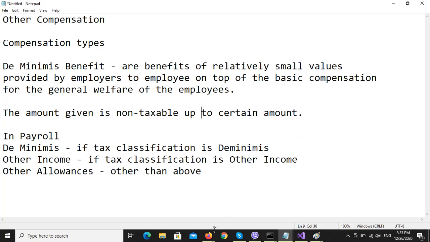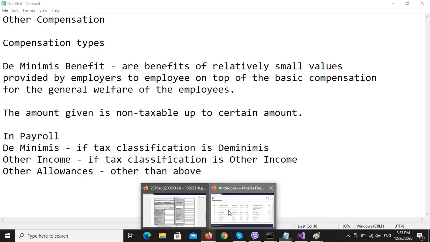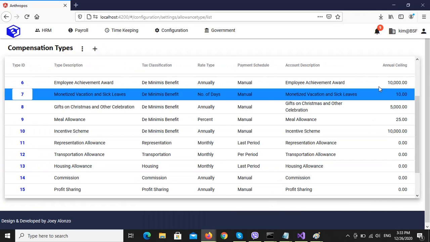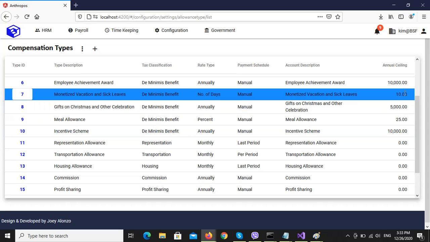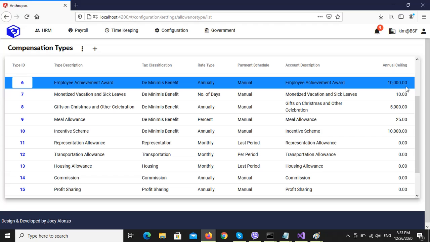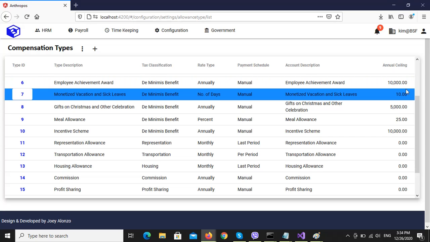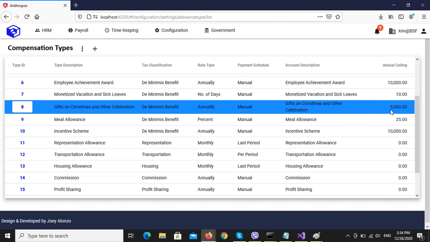If we go to type here, we have the annual ceiling. Depending on the type of the de minimis benefit, there is a ceiling. For example, for the Employee Achievement Award, the ceiling is 10,000. For monetized vacation, it is 10 days because the rate here is number of days.